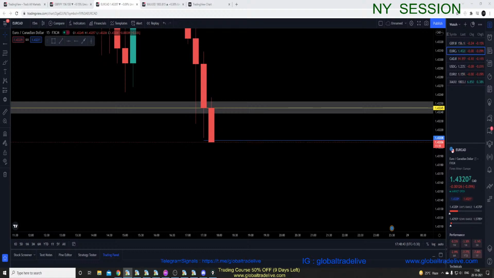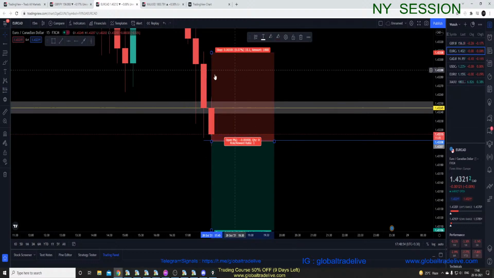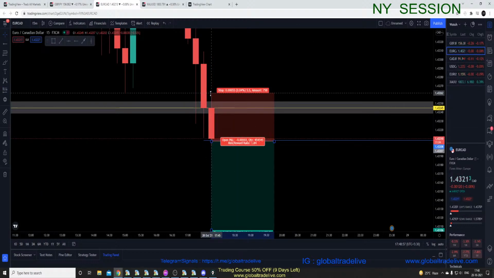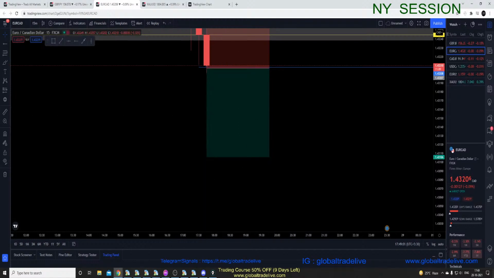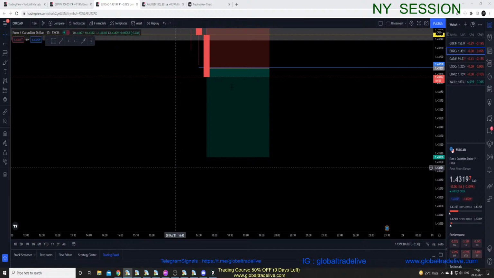Took a sell trade over here, kept my stops above the high of the current 15-minute candle. 1.43202.